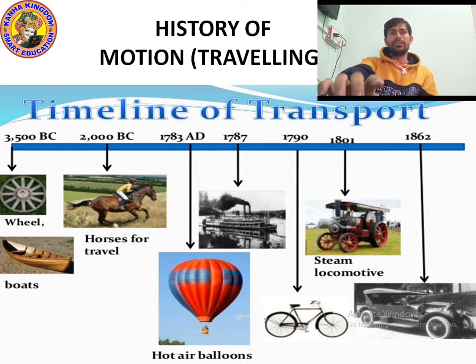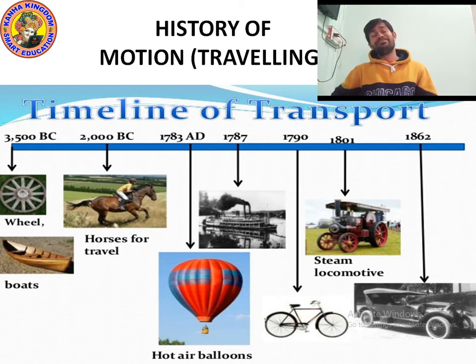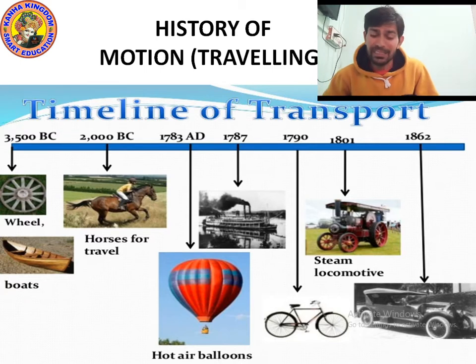About 77 years after the bicycle, the bike was made in 1867. Then after about 40 or 50 years, the aeroplane was made in 1903.